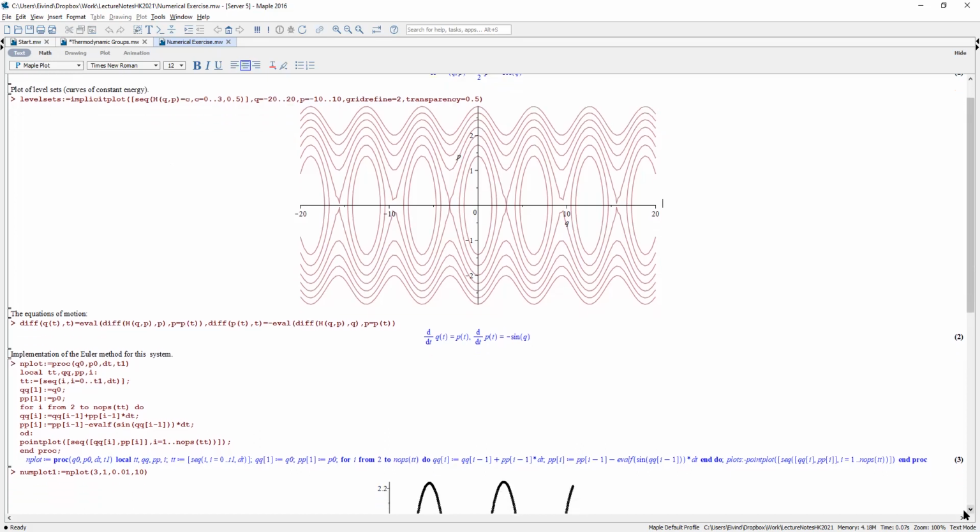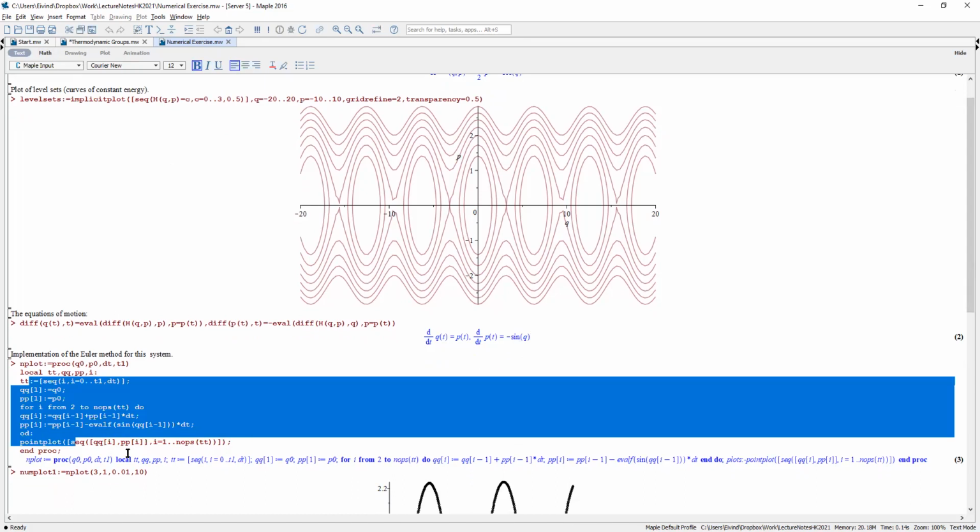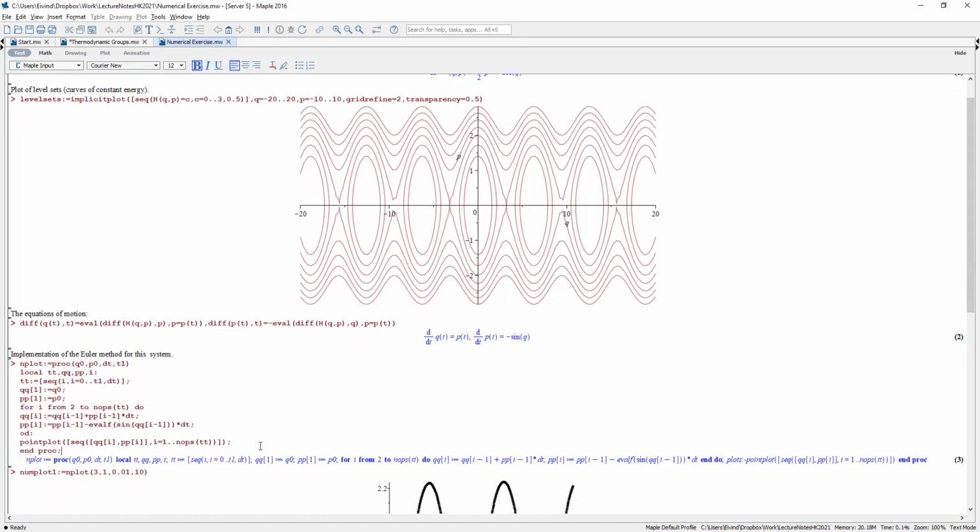Yes, this is what we drew by hand last time and by Google in 3D space, right? And then the Hamiltonian equations of motion should look something like this. And then I just made some Euler method implementation of this system here.